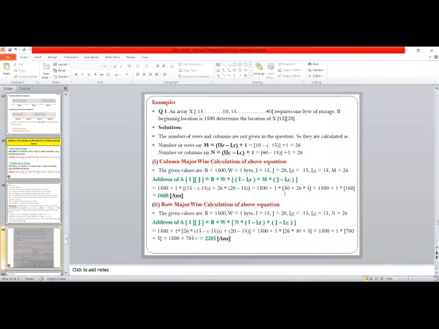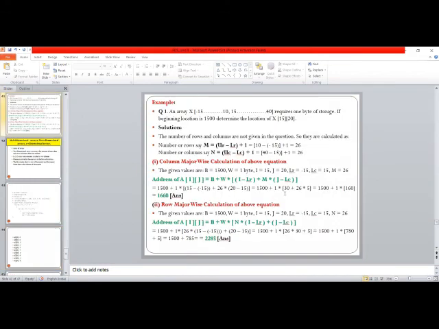But in some cases, it is not so simple to calculate the address. As you can observe here, in this numerical, an array X of minus 15 to 10 and 15 to 40. This is the array.